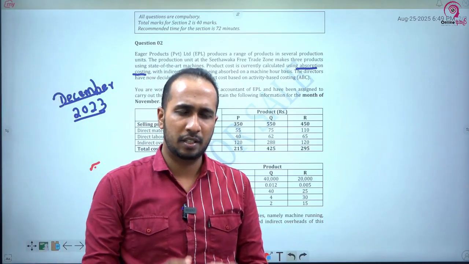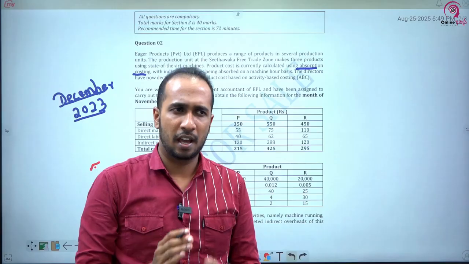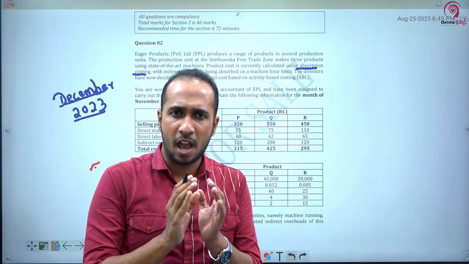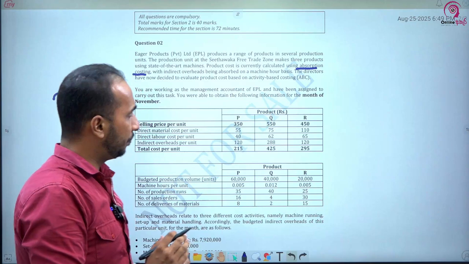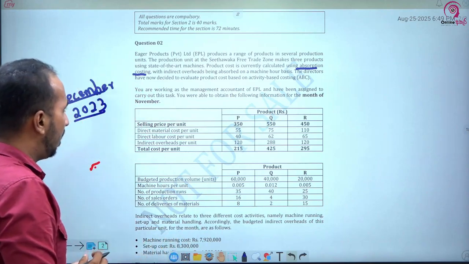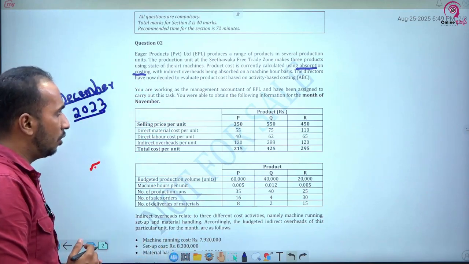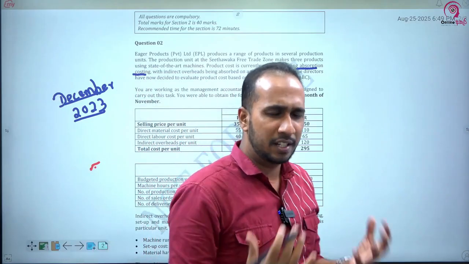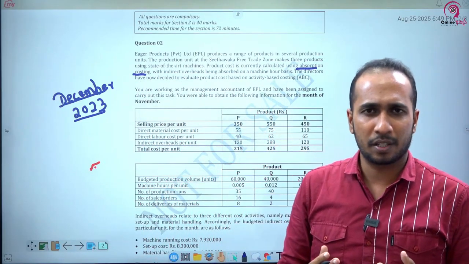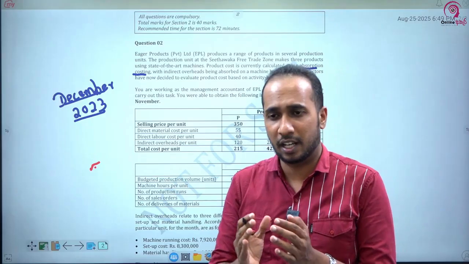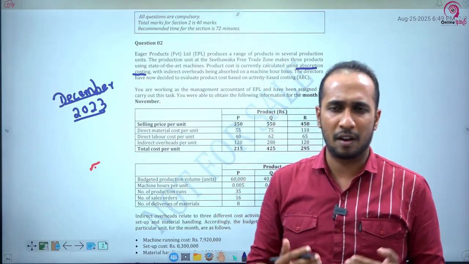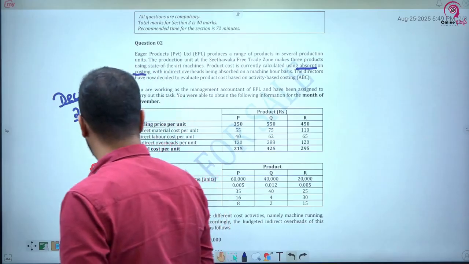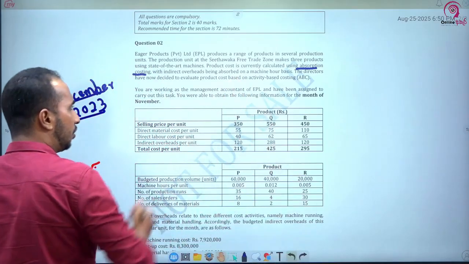The directors have now decided to evaluate product cost based on activity based costing. They are worried that absorption costing is not going to work any longer. Therefore, we need a better way to absorb our overhead cost, so they are considering activity based costing.